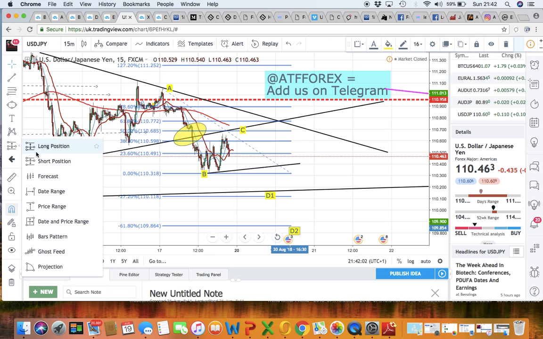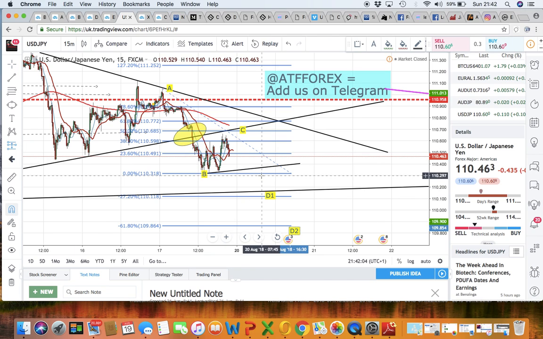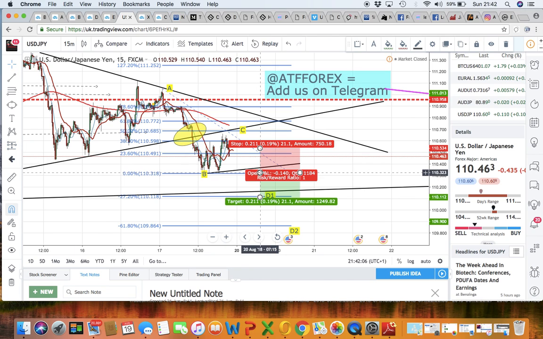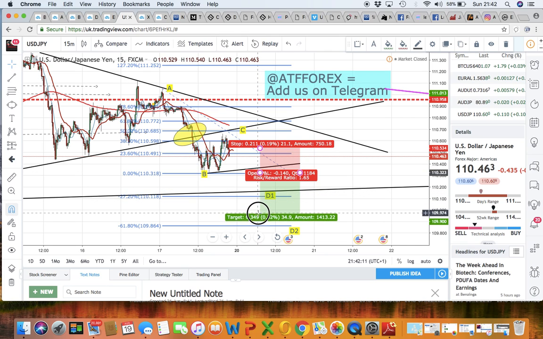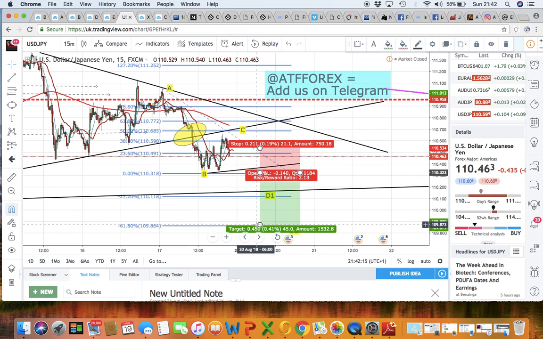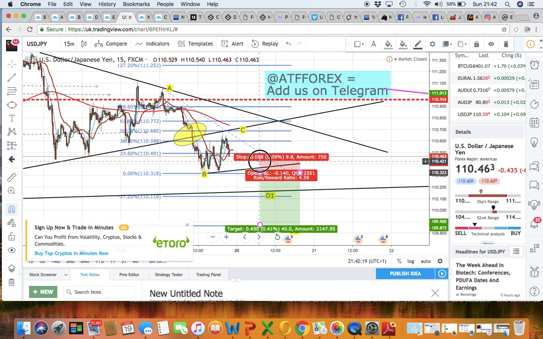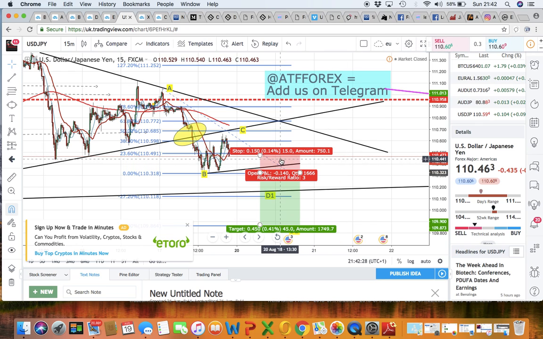So if I let you know where we're looking at short positions, you want to basically be taking shorts around 110.31. Take yourself down to D2 target. We're looking at like 50 pips here. And you pretty much want to be stop loss at 110.50.